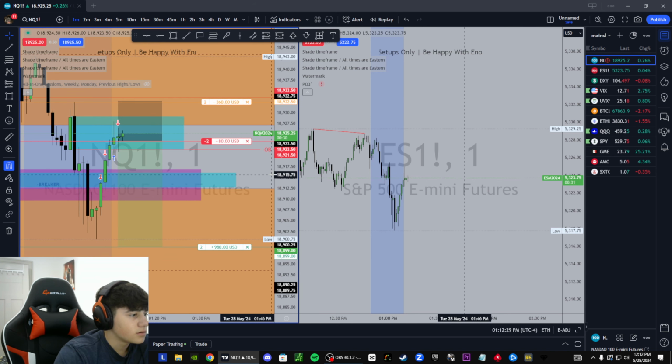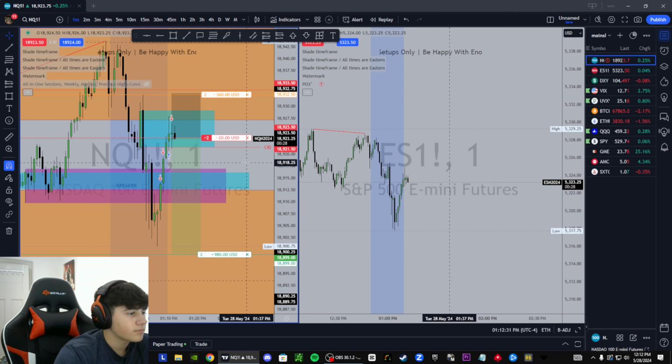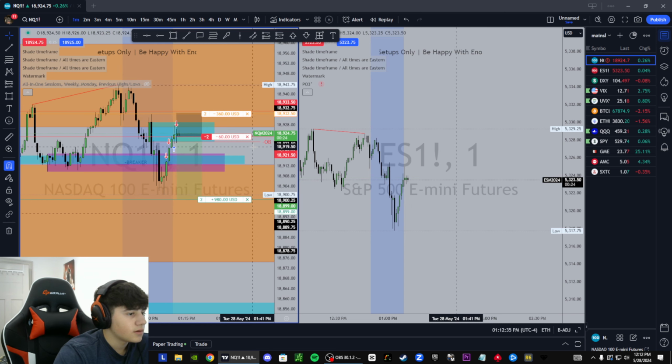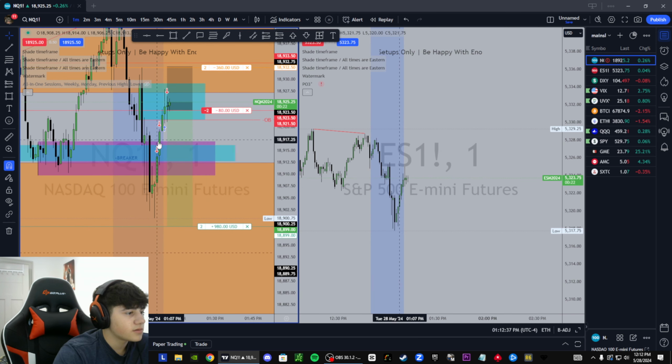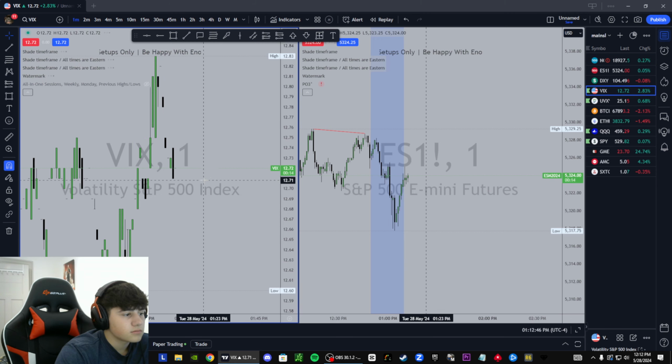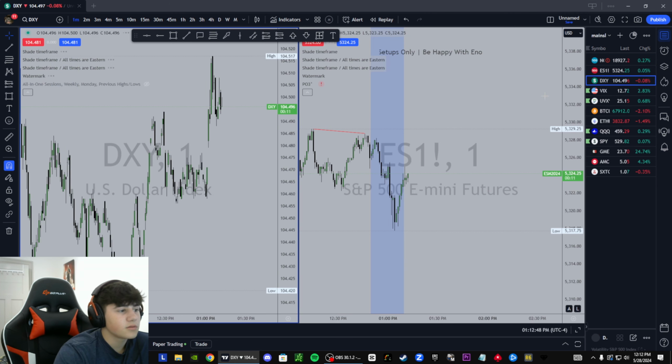Price is so slow. If we can invert one of these, preferably this fair value gap, that would be a good tell. Price just looks super bullish.